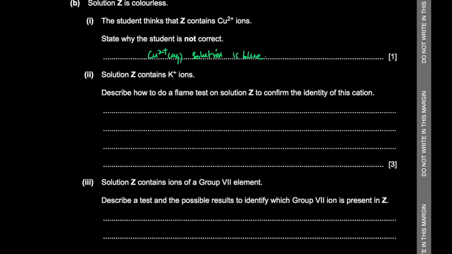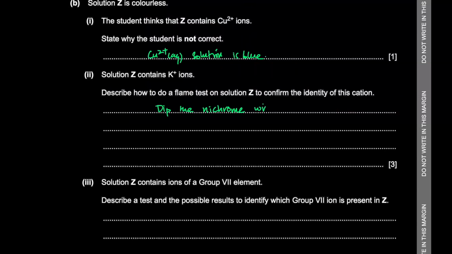Okay, solution Z contains potassium ions. Describe how to do a flame test on the solution. So you dip the nichrome wire. Even if you don't remember the name of the wire, it's fine, you use a wire.